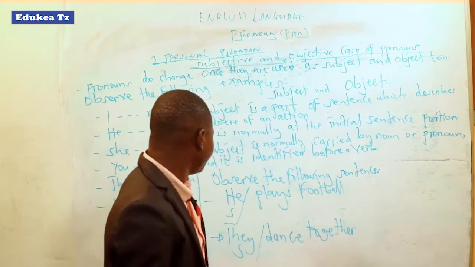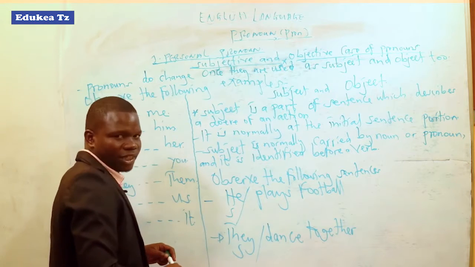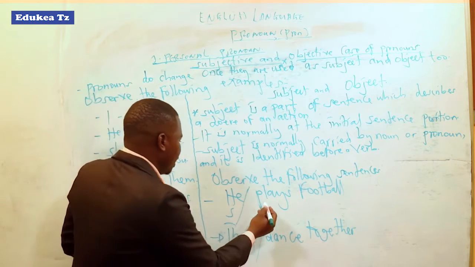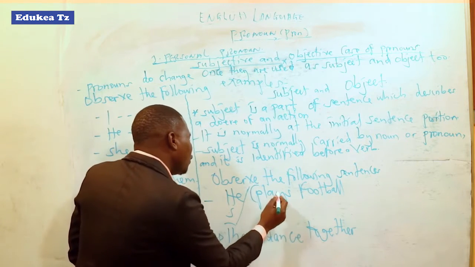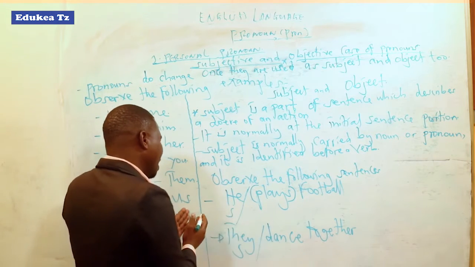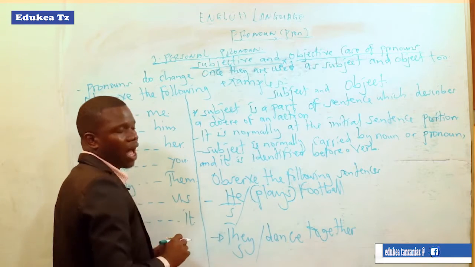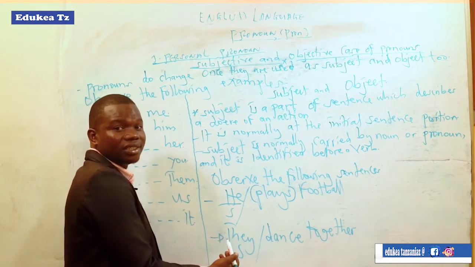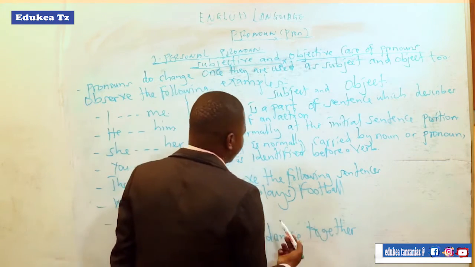For example, observe the following sentences. He plays football. Here we have the verb plays. The words which precede this verb are the ones we term as subject. So here, our subject is he. Then our sentence: he plays football.